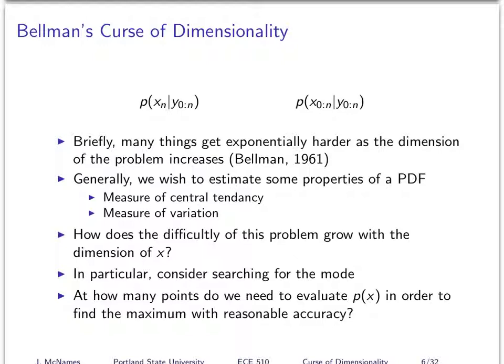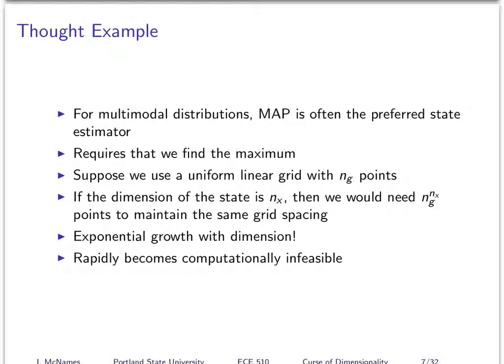But the point I want to make now is that as the dimension grows, it gets harder and harder to find that peak, and you have to explore more and more of the space and expend more and more computation, spend more cycles. So if we're doing MAP estimation, we've got to find the maximum. Let's say we used a uniform grid.